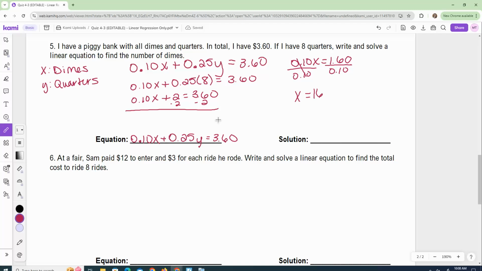So my solution, how many dimes? We have 16 dimes. All right, so this is our strategy if we have 2 different types of problems. Likely the one on your test tomorrow will be a money type problem as well. Is that one okay?